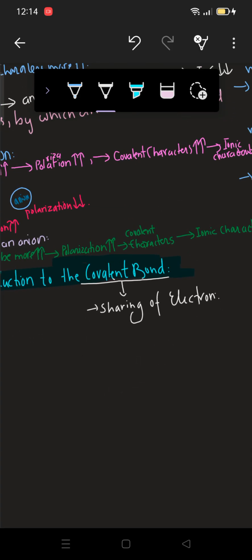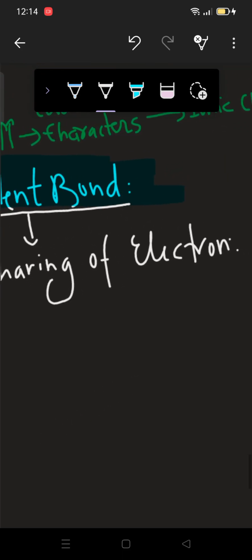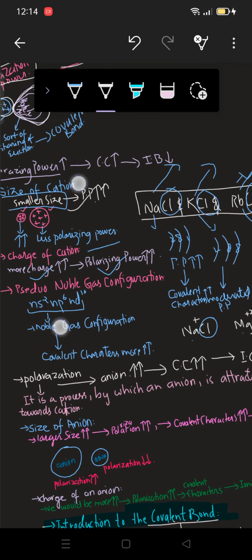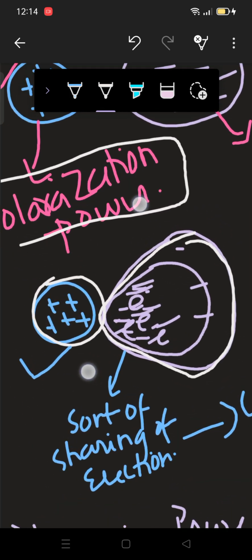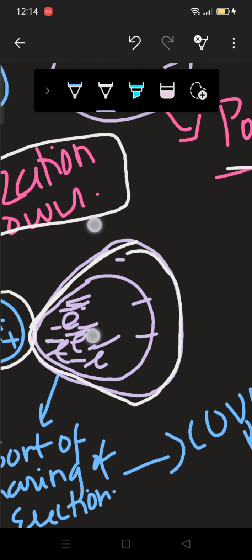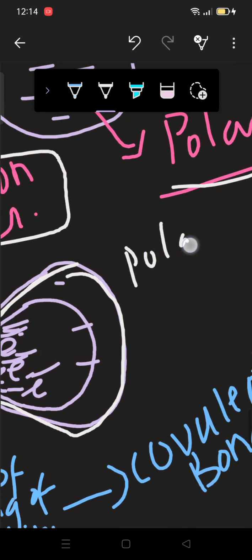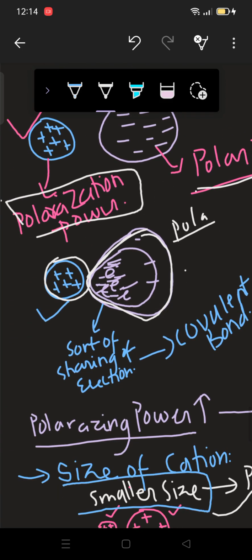See, when we were discussing Fajan's rule, we said there are some covalent characters that exist in an ionic bond, and there we discussed that polarization happens on an anion, which means the anion is attracted towards the cation. I have made a picture here as well, as you can see, right?